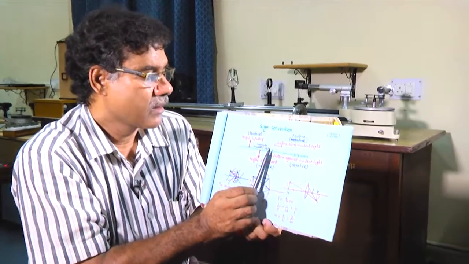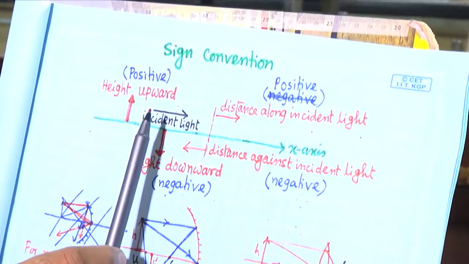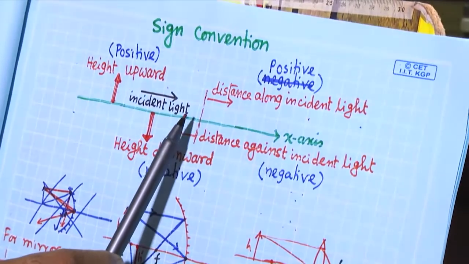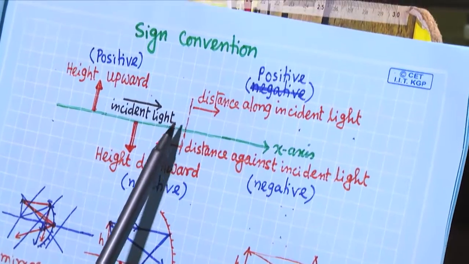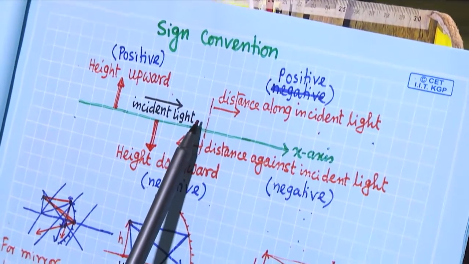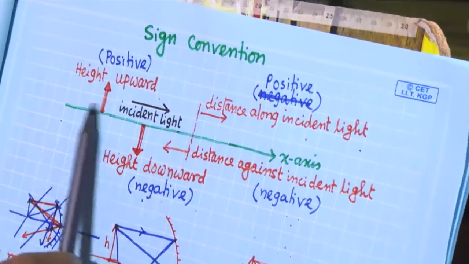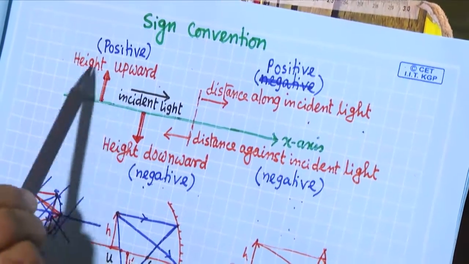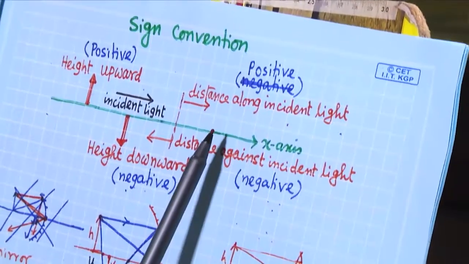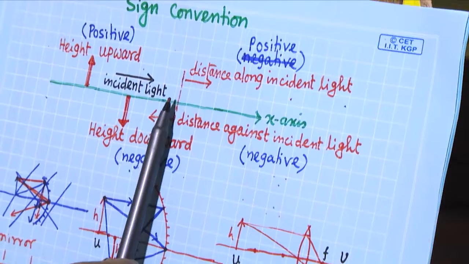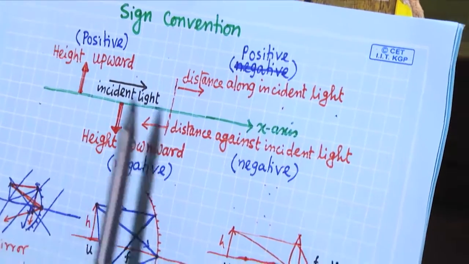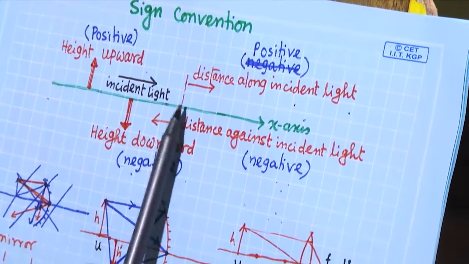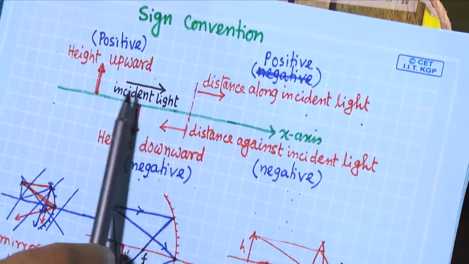Similarly, for the distance of the object or image, starting from the pole or optical center, if we have to go against the direction of the incident ray, say this is the direction of the incident ray, that means in this direction, this is basically the negative x direction.